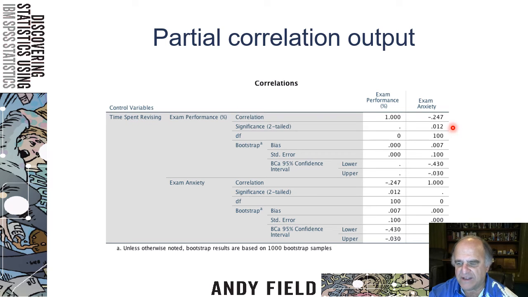That's still significant. The significance level is 0.012 two-tail. We have 100 degrees of freedom. And here are, again, our bootstrap confidence intervals. I guess it's sort of cut off here for exam anxiety by my picture.